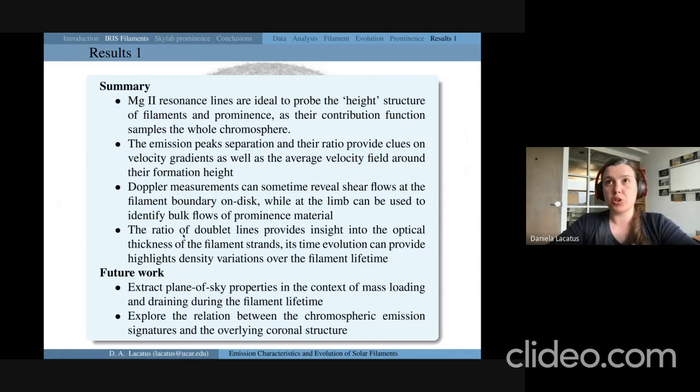And finally, the ratio between the two resonance lines will give us information about the density variation within the filament, because the optical thickness is related closely to the escapability of the photons from the plasma, and this is related to how dense the material from each emission originates. In the future, I plan to look at the plane of sky motions within the filament, and also explore the relation between the chromospheric emission and the overlaying coronal structures.